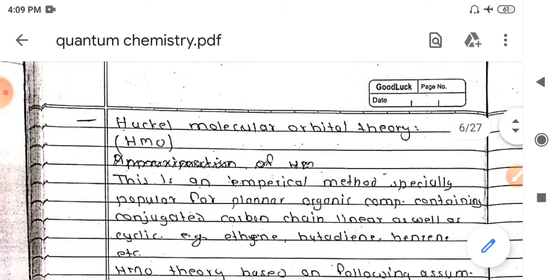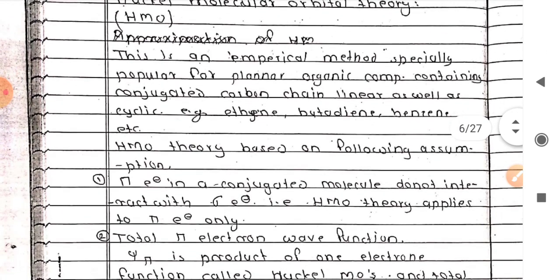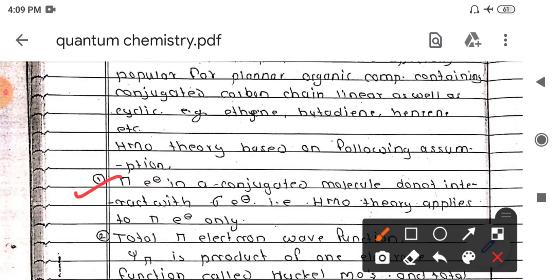And we all know that these pi electrons are present in the p orbital of a carbon. So this theory has assumed that these electrons are independent of sigma electrons, but in the actual case it is not likewise, because the sigma electrons and pi electrons interact a little bit, and that will affect the overall bonding of the pi bond. But this theory has assumed, as the first assumption, that pi electrons in the conjugated molecule do not interact with the sigma electrons.